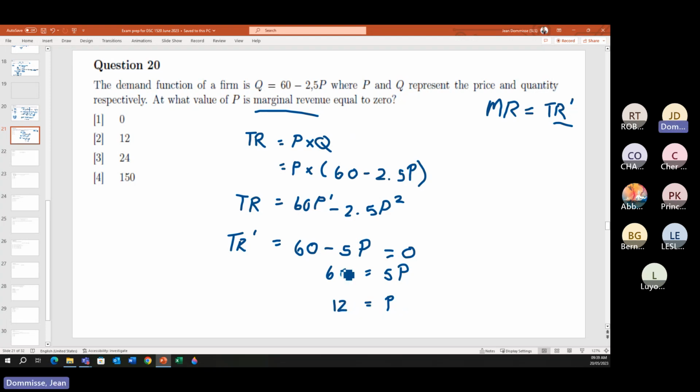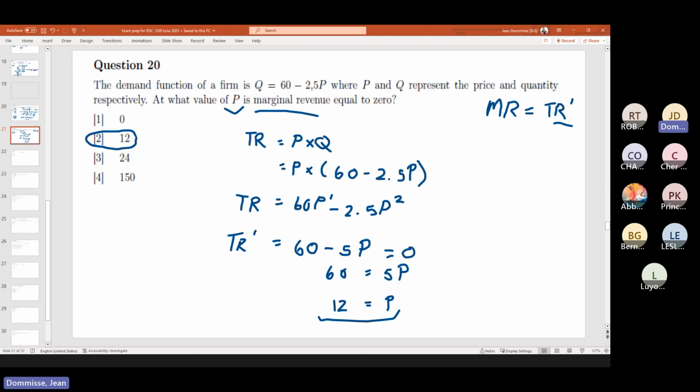Okay, but let's see, what do they ask us? The demand function of a firm is Q, at what value of P is that equal to 0? So P is equal to 12.